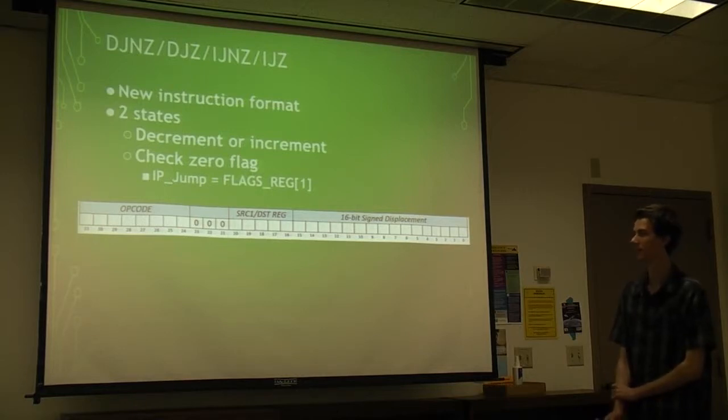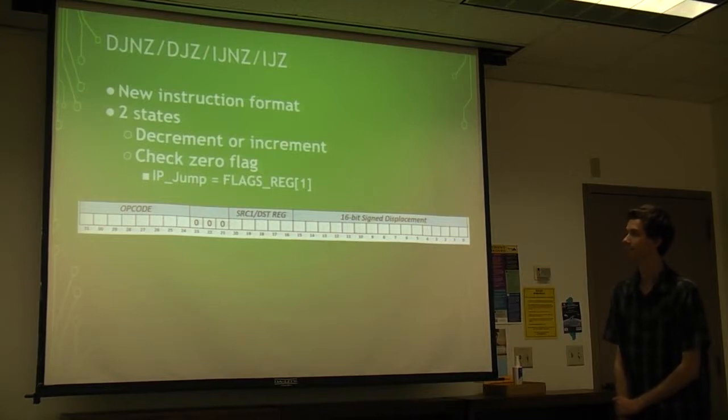And to check the 0, all the instructions check the 0 flag, and in order to do that, we added an IP jump control signal, and that checks the flags register in bit 1, which is where we have the 0 flag. And if it's a jump if not 0 flag, then that would be 0, so we have to do a not sign in front of it, so it becomes a 1.